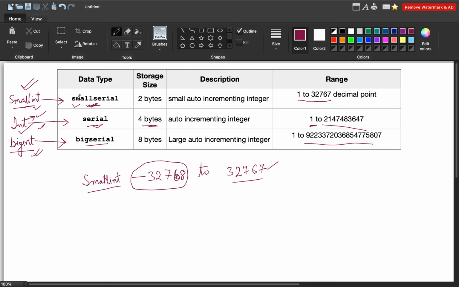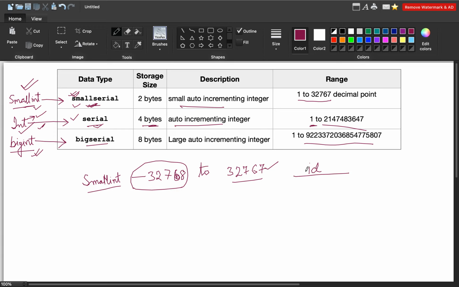Another difference is, whenever you define a column to have a serial data type, it means an auto increment feature is enabled. What do I mean by auto increment? Let's say, for example, I am defining a column as ID.